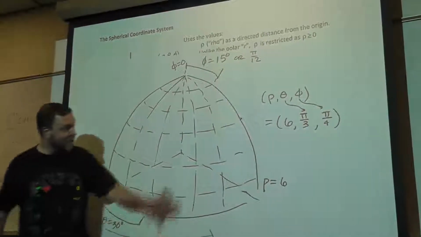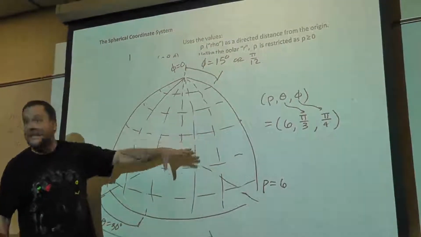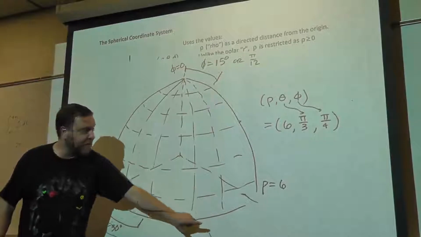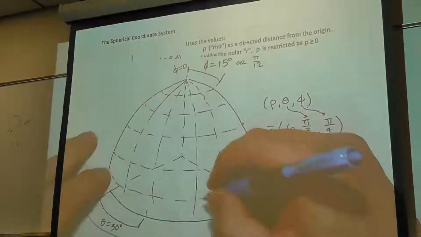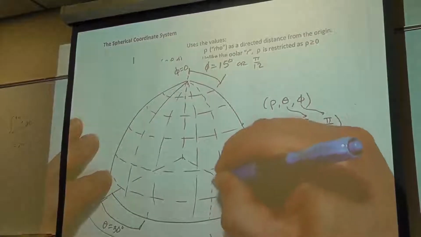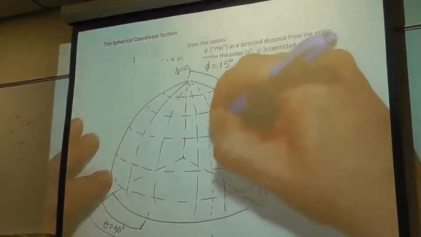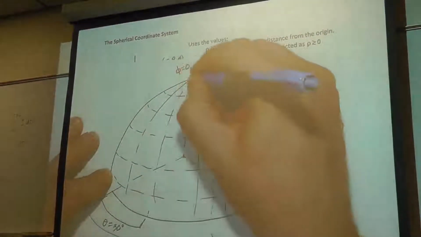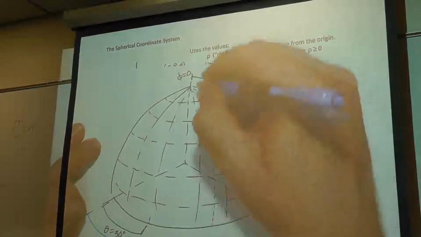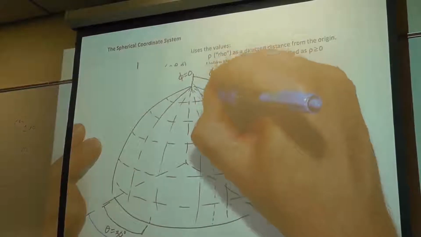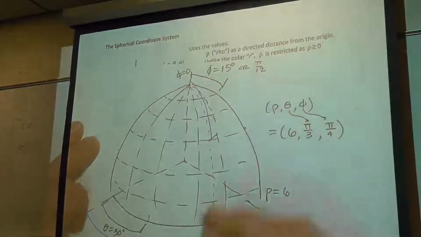And then I'm already on a sphere of radius 6, so I'm guaranteed to get a rho value of 6. But then I want to cross this with a phi value of pi over 4. So along that line right there, going up this spherical shell, here's phi equals 0. Phi equals pi over 4 would be roughly halfway down there.